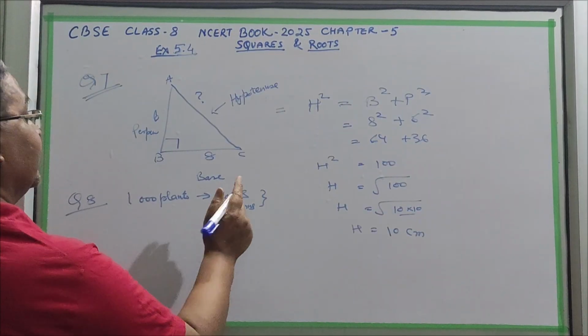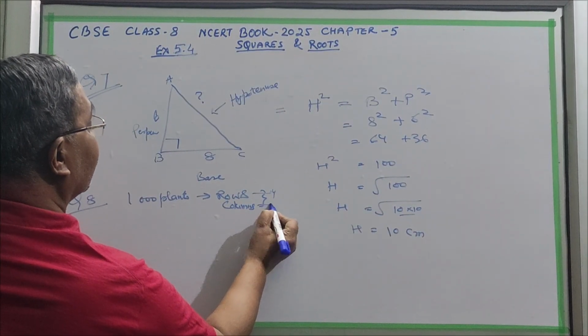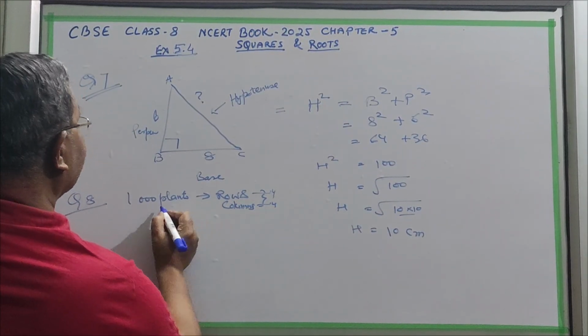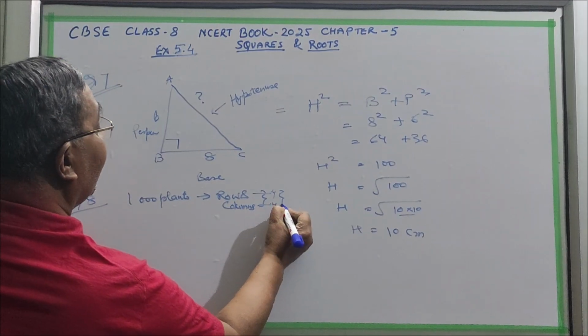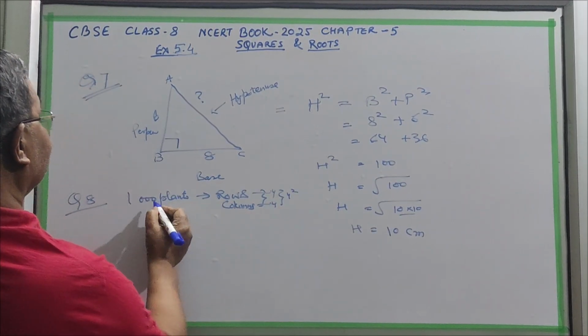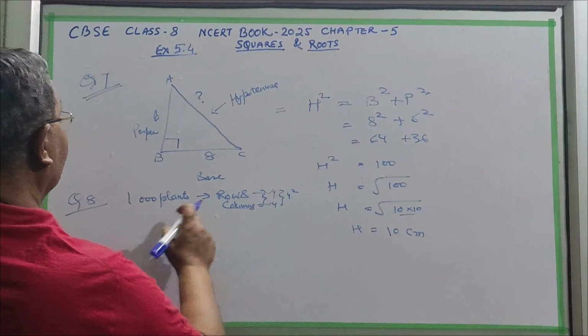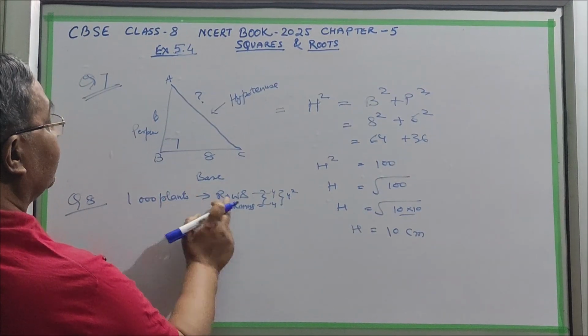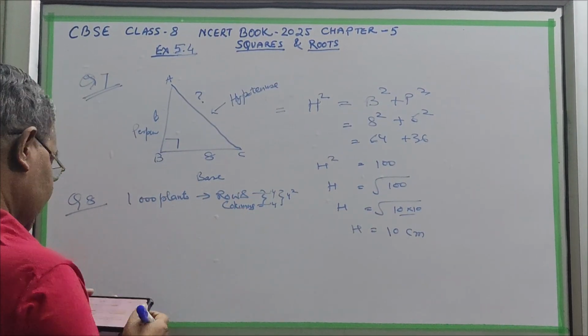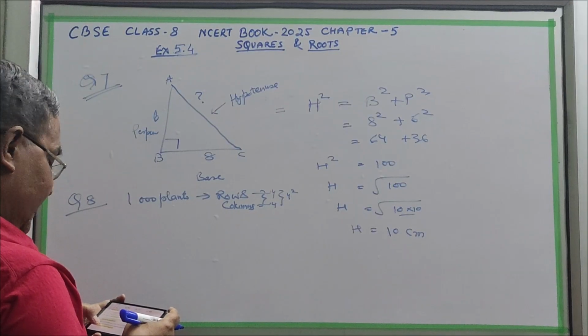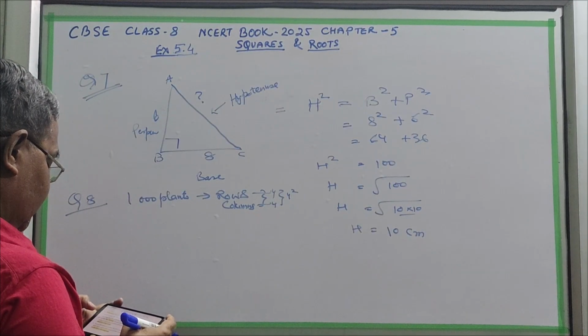It means if it is 4 rows, it should also be 4 columns, so altogether 4 squared. So the plant number is a square. If we take the square root of this, we can know the rows and columns.